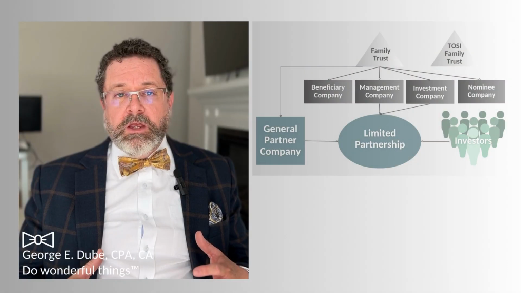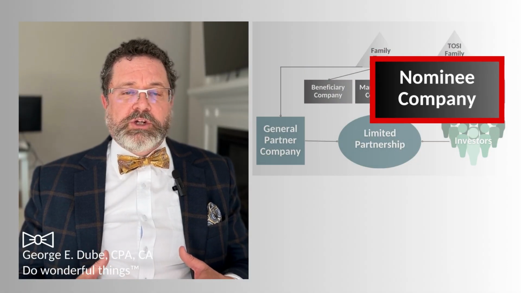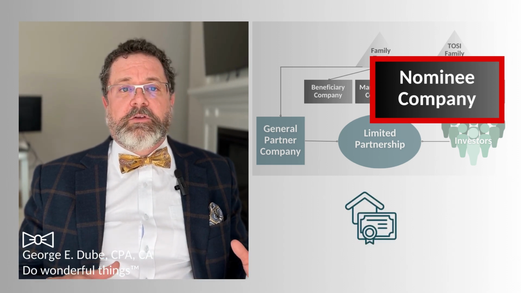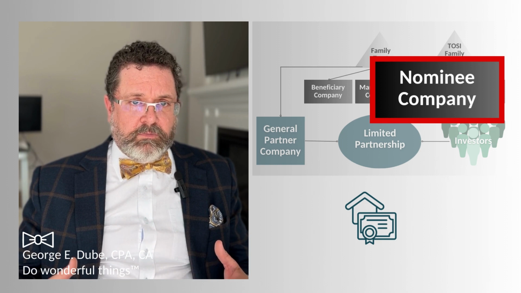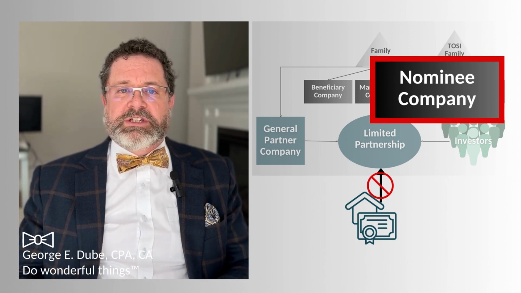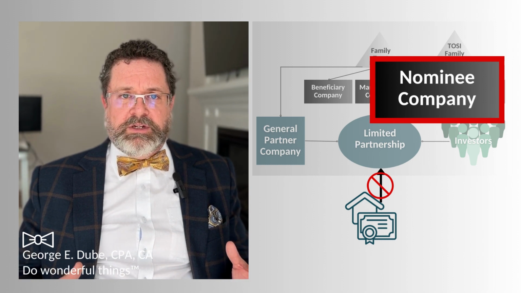So starting that off, one of the things we often speak with people about is whether the founder should have a nominee corporation. So a nominee corporation would actually hold title to the real estate. For some legal reason, the limited partnership itself is not allowed to hold title to the real estate.